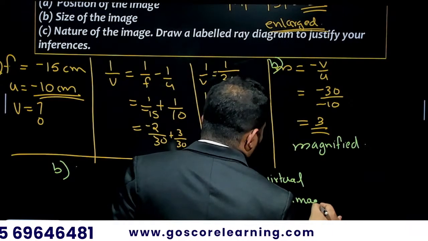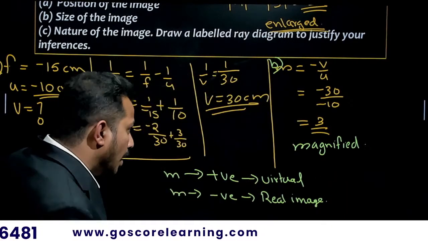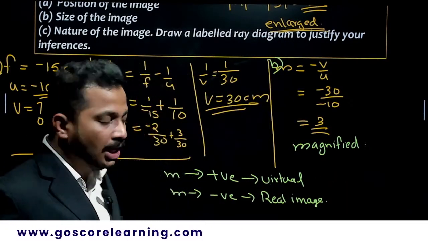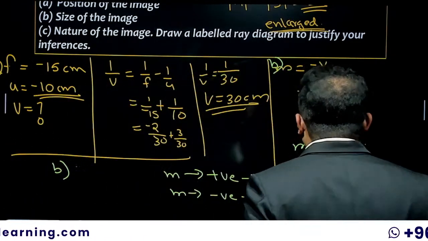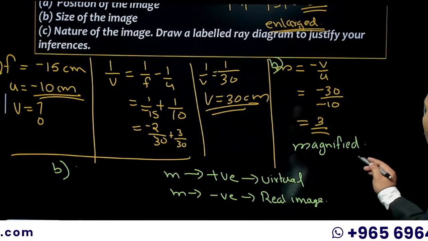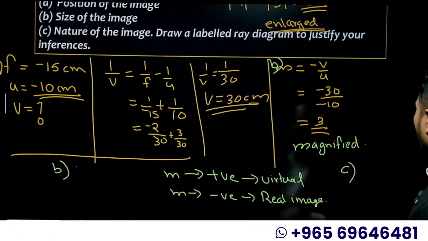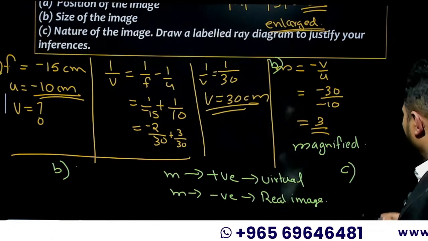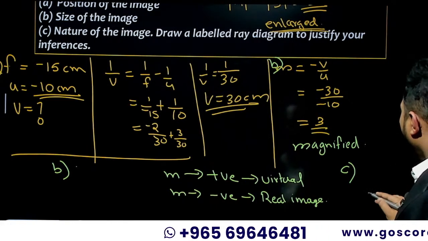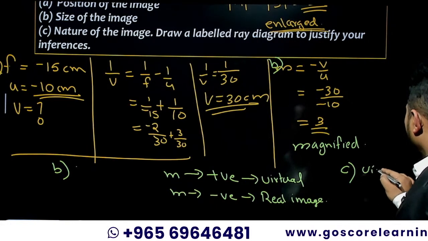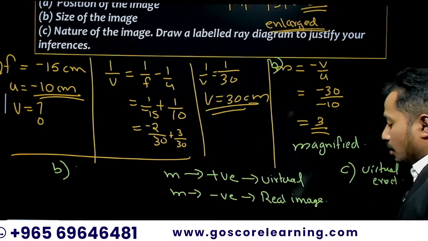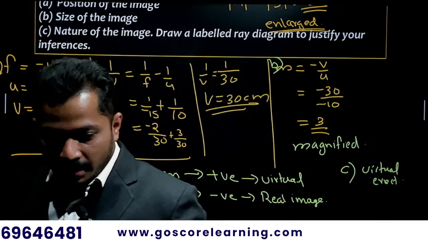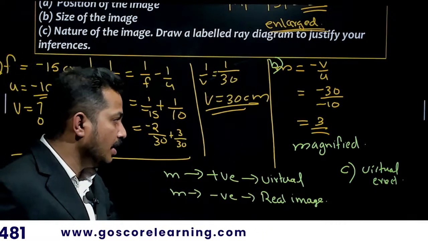If the modulus of magnification is greater than 1, it is an enlarged image; less than 1 is a diminished image. Here you have got positive 3, so it is a virtual image. So the answer for the third question, C, nature of the image: virtual and erect. The nature of the image formed is virtual and erect.